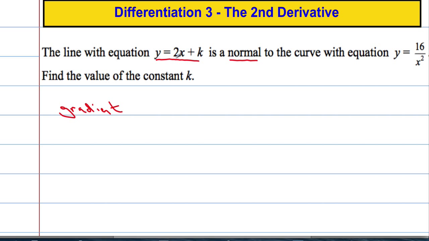The gradient of this line equals 2. So the gradient of the tangent must equal the negative reciprocal of this. The normal and the tangent are perpendicular, so the negative reciprocal must be negative 1/2. So that's the gradient of the tangent to the curve.